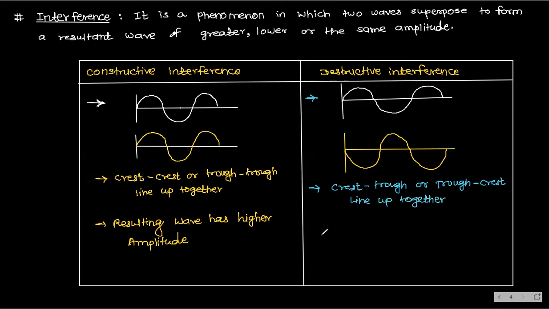And here the resulting wave has lower amplitude. Understood? As amplitude is less, intensity is also less. Clear? Understood this constructive and destructive interference?